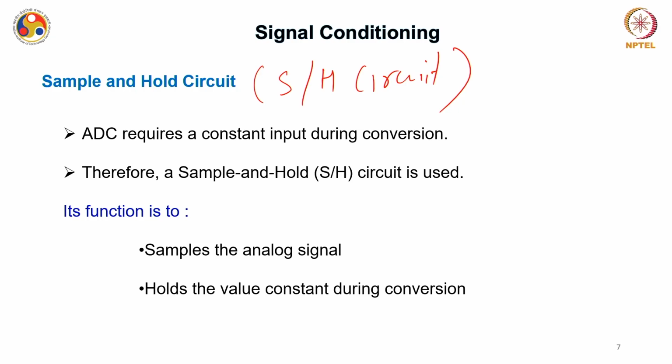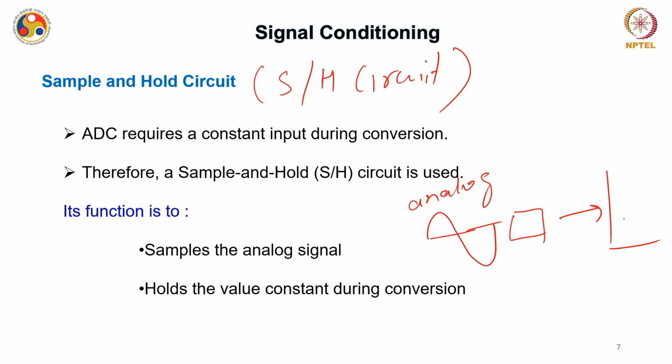Now let us consider a pressure transducer for example. I am having an analog input, and I want to digitize it. I want to have a digital signal, maybe in the form of something, say let us call it 01101, something we want at the output. Let me call this the pressure transducer.